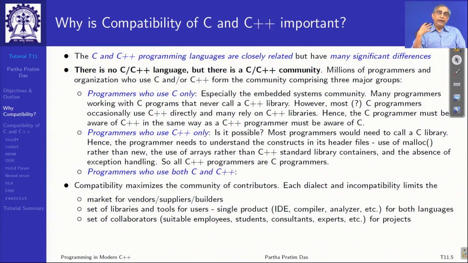So, we can broadly categorize them into three groups. As you mature, you will also fall into one of these groups. One is programmers who use C only. There is a large group of programmers who use only C, primarily the embedded systems community, and they would probably never call a C++ library.